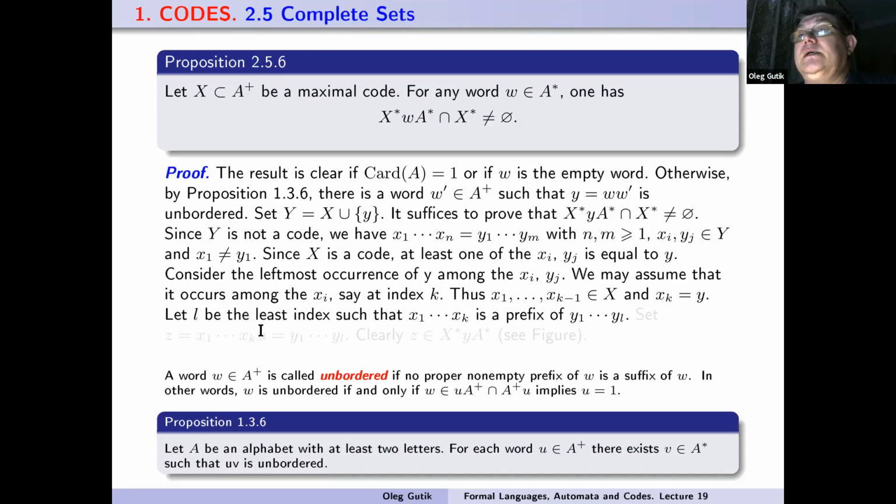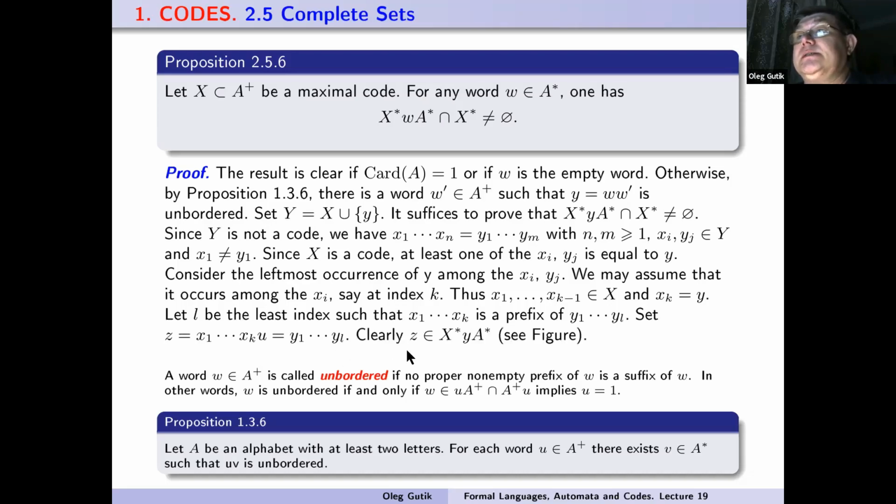Let l be the least index such that x1 ... xk is a prefix of the word y1 ... yl. Set z equal to x1 ... xk u, which is equal to y1 ... yl.